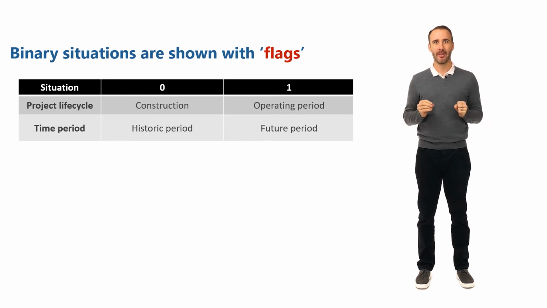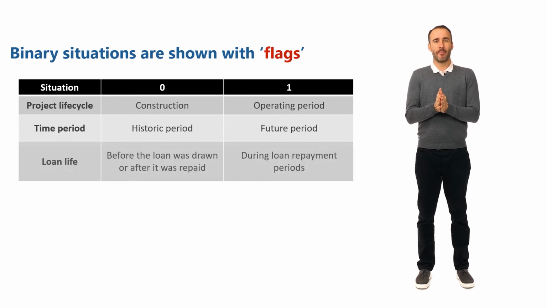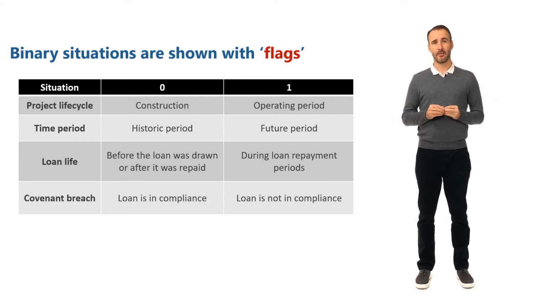They're binary. Either you're in a future period or you're not. You could be in a period before or after our loan is repaid, compared to the period within which you're actually repaying your loan. Or finally, perhaps we are in compliance of our loan covenants or we're not. We're either breaching them or we're not.